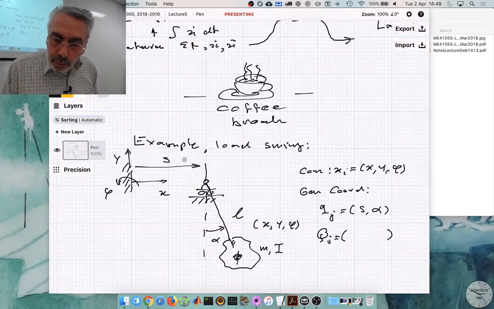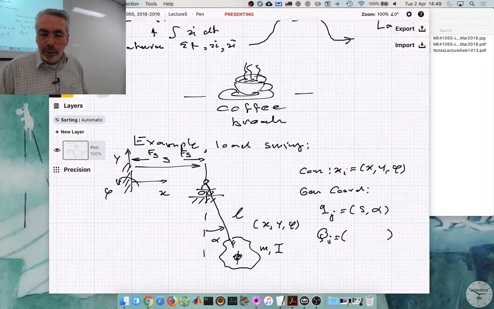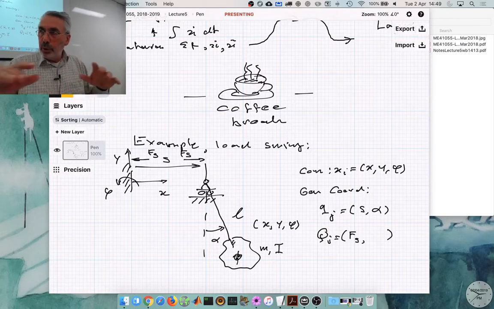So I'm tempted even to draw it into the figure. Although in the spirit of Lagrange we don't need all these drawings, it's sort of nice from an educational point of view to say, this generalized force is of course this linear force moving back and forth.